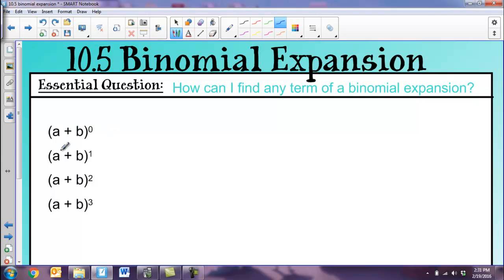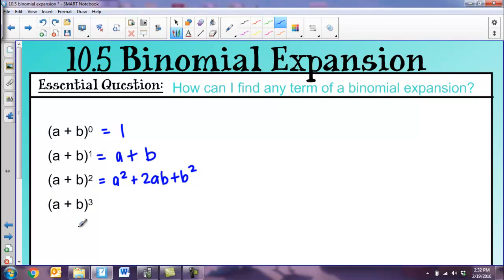So if we go ahead and expand these, these are pretty straightforward. Anything to the 0 power, well, that's just 1. If I had anything to the 1 power, that's just whatever was inside your parentheses. We could use some FOIL, or there is a formula for a perfect square, and if you FOILed those two out, you would get a squared plus double the product of those two terms plus b squared.